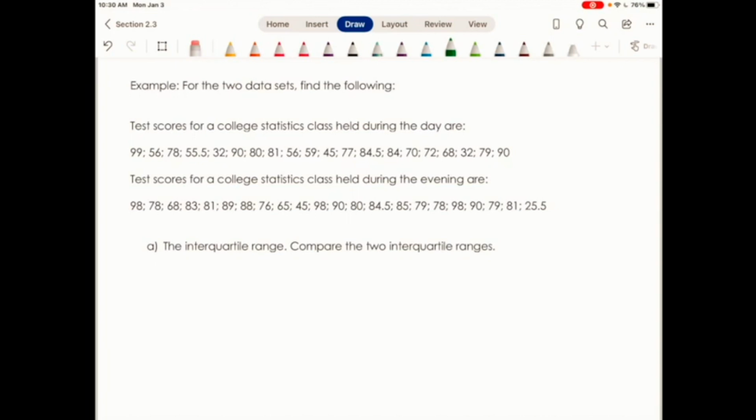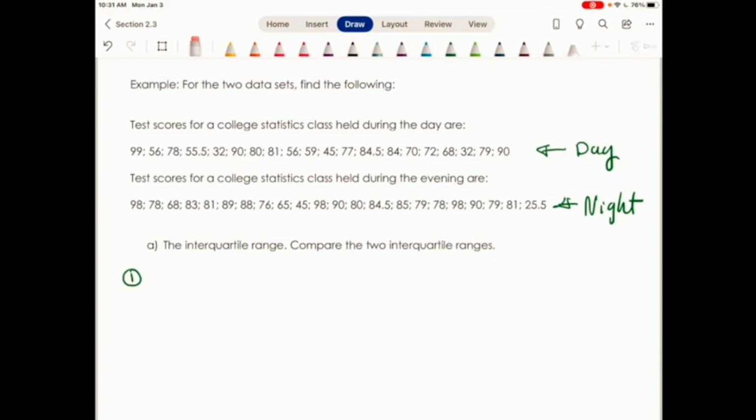Okay, the next example says we have two data sets. Test scores for college statistics class held during the day are, so this is the day scores, and then these are the night scores. We want to find the interquartile range and then compare them for each data set.